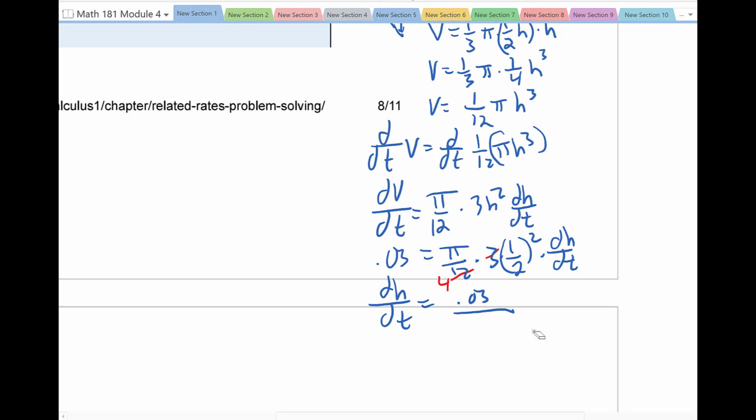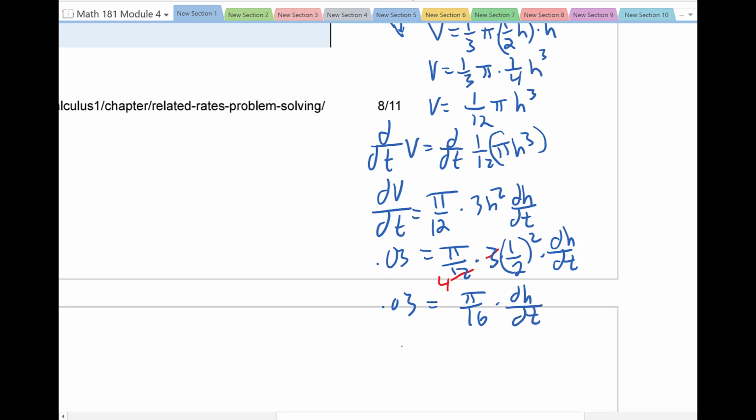So I'm going to take that 0.03. Let me just do this in another step if you don't mind. That's 0.03 equals pi over 16 times dh/dt.